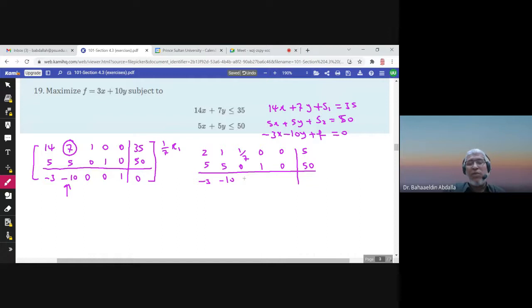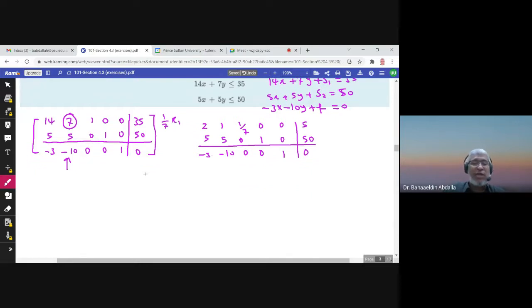Now this is a step in the middle because I needed to do the other step, but it's not a Simplex matrix yet. It would be a Simplex matrix now when I make y, in this case, a basic variable.